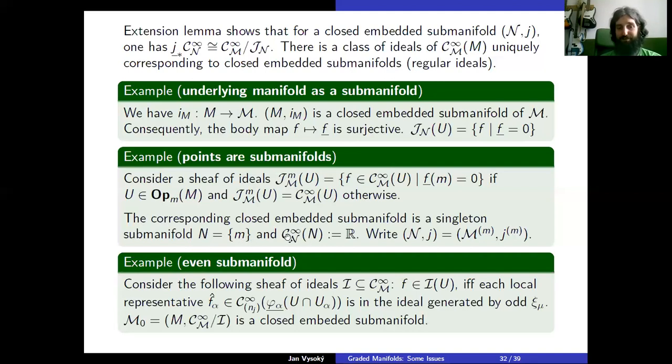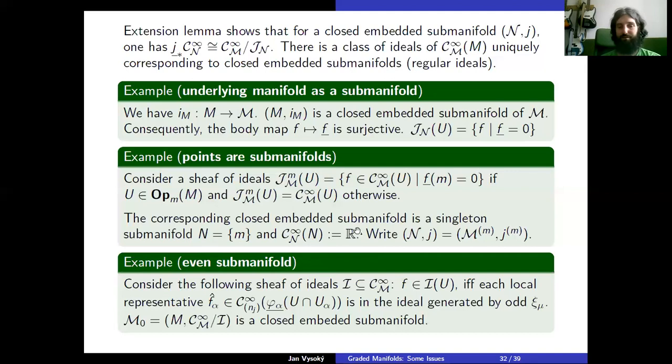And for my sheaf of functions on my submanifold, there is only one open subset, the entire N, right? And this algebra is equal to R, viewed as a graded associative algebra, which corresponds to functions on a single point manifold.